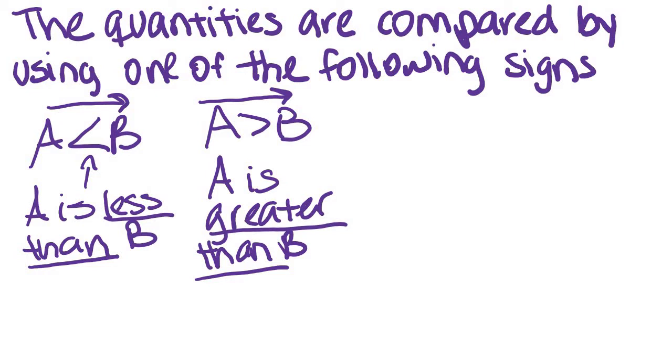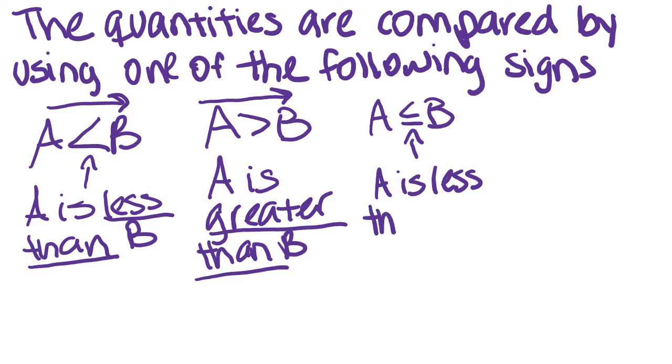Then we have this guy right here, which is kind of like this one. This one says A is less than or equal to B. So less than or equal to.